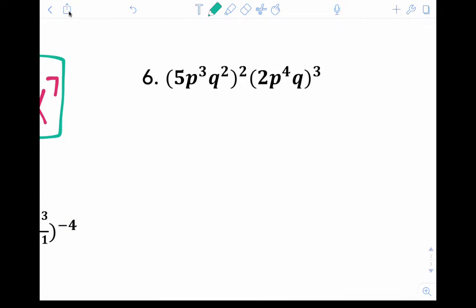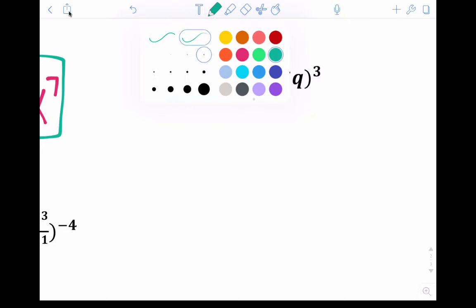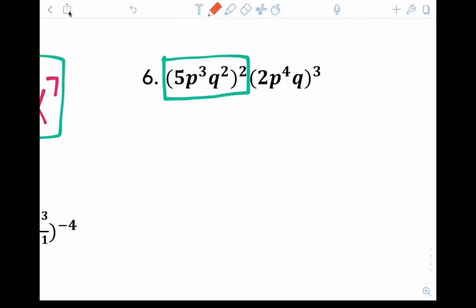All right, number 6. This one is getting more complicated, but once again, just take it one step at a time. So first, let's do this first part, and then we'll do the second part, and then we can combine them. So this first part, I'm going to distribute that power of 2 to each part of the parentheses.